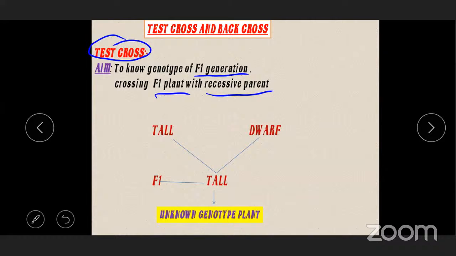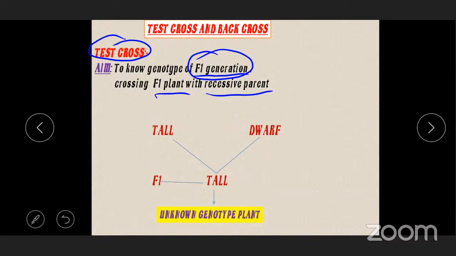Simple. So what is our aim in the test cross? To know the genotype of F1 generation. This is our aim. So what will we do? To know the genotype of F1 generation, we cross the F1 plant with the recessive parent.